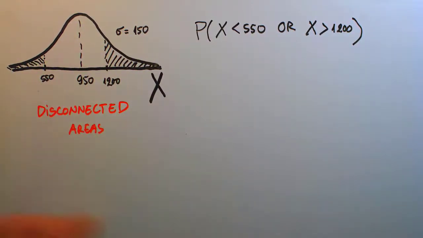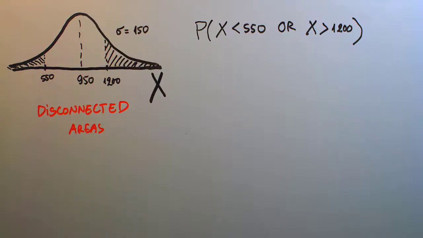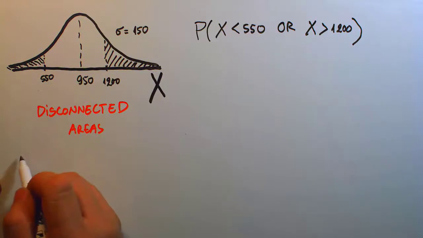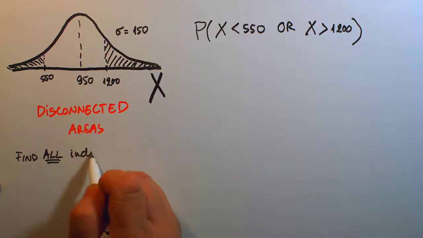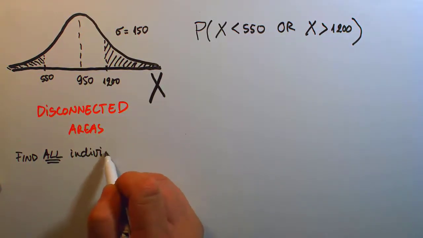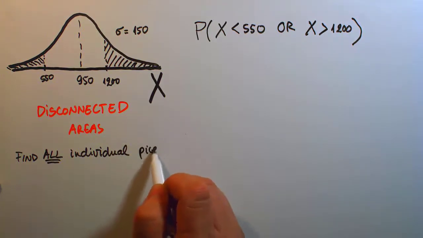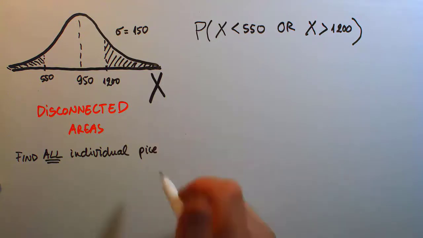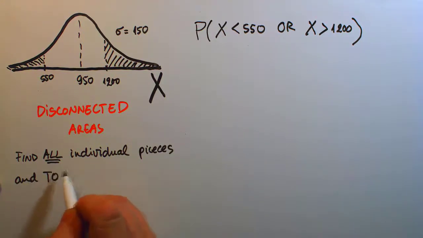And anytime we're running with a problem where our area is an accumulation of disconnected areas like this, the only fundamental, once again, to remind everybody, is that all we have to do is find all individual pieces and total up.